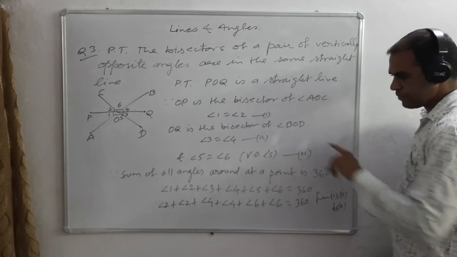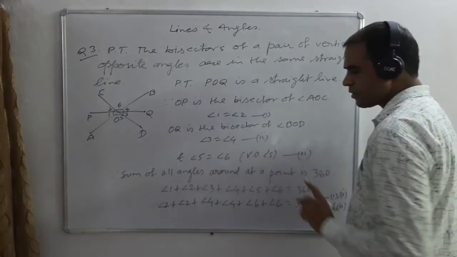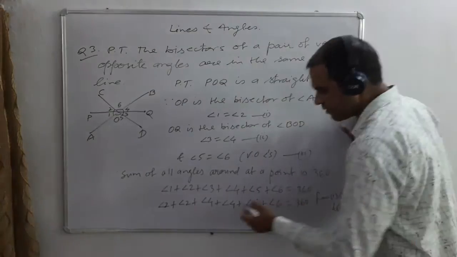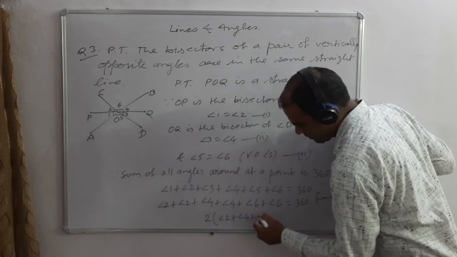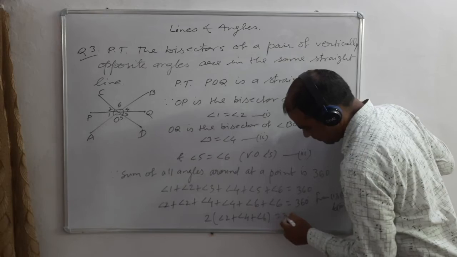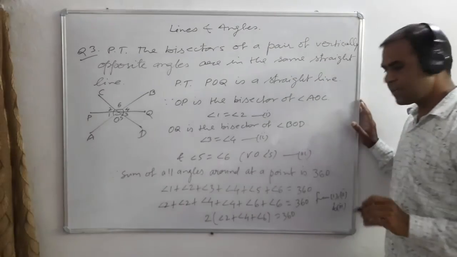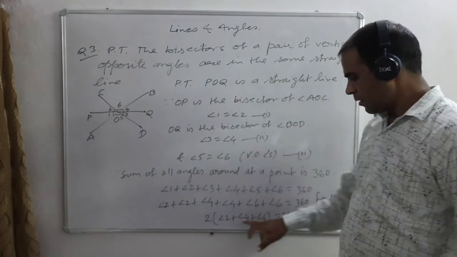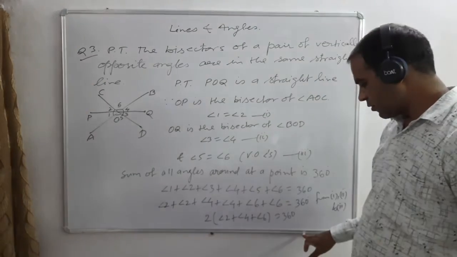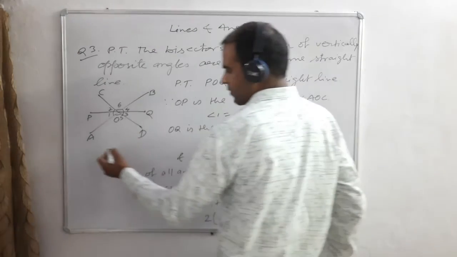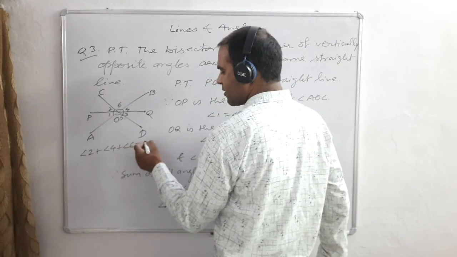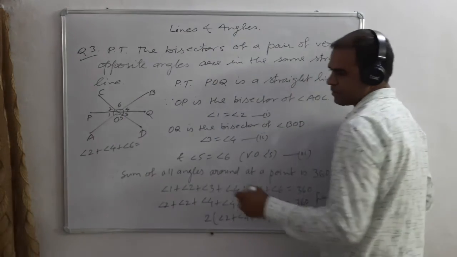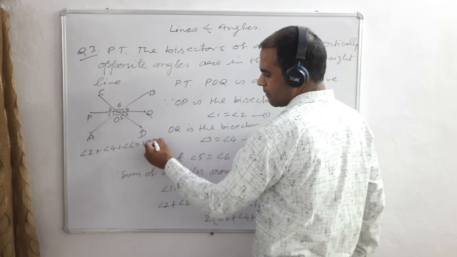and third. From this equation, the sum of all these angles, so twice of 2 plus 4 plus 6 is 360 degrees. Cross multiplied, angle 2 plus 4 plus 6 equals 360 by 2, which is 180 degrees.